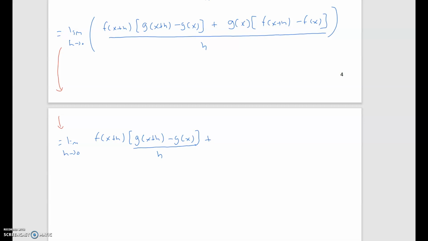And then plus, technically we still have that this is one chunk, plus the values of g of x times f of x plus h minus f of x over the values of h.